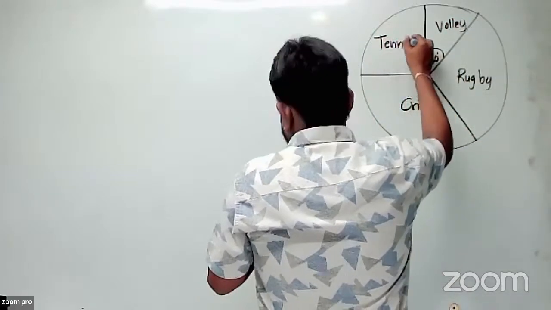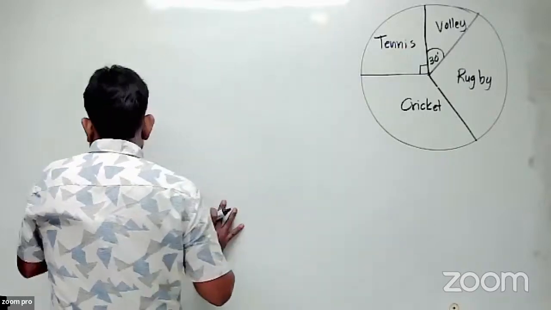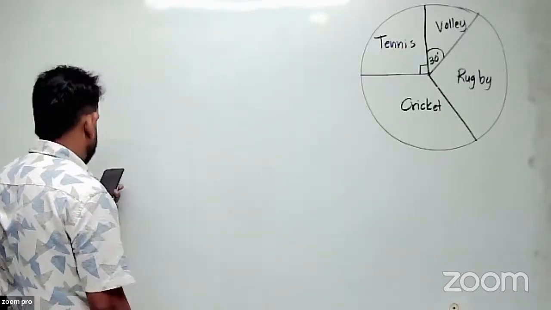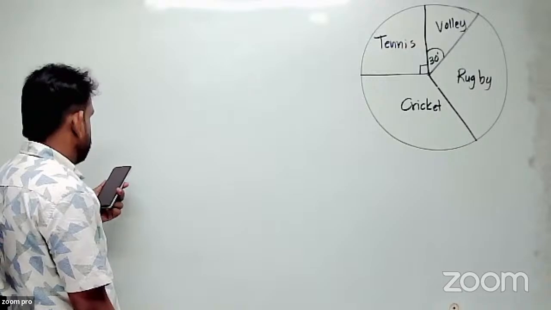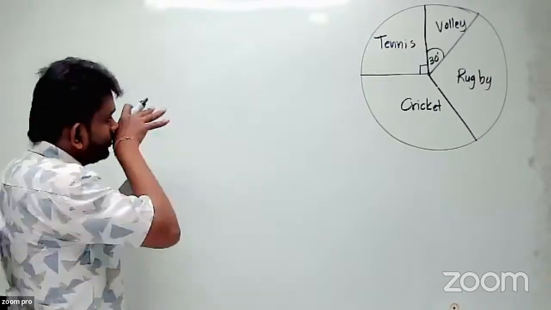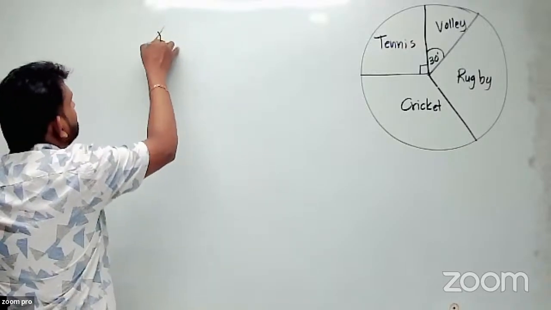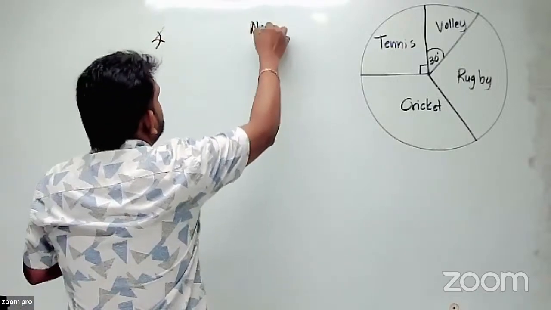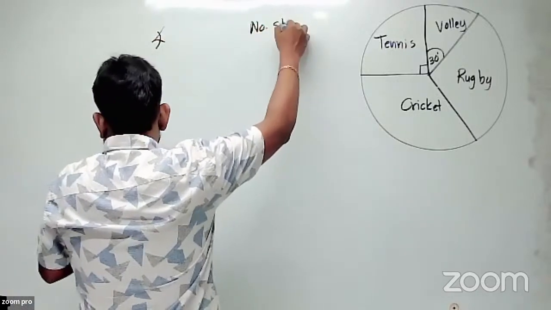Right, see there, if 20 members are playing volleyball, then find the total number of members. So now we will see that angle and the number of students.